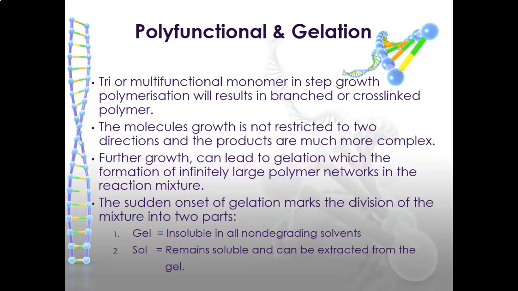The sudden onset of gelation marks the division of the mixture into two parts, gel and sol. Gel is defined as a molecule of essentially infinite molecular weight extending throughout the reaction mass, and the sol remains soluble and can be extracted from the gel. The gel is insoluble in all non-degrading solvents.